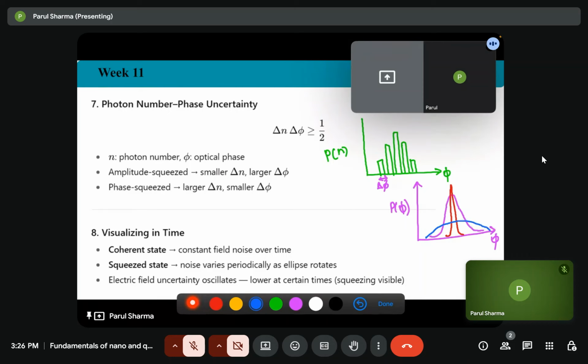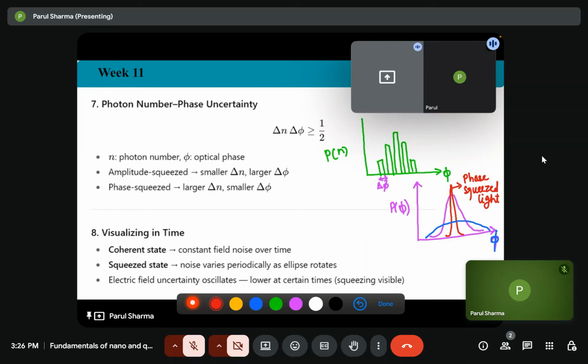So if there is an increment in n, it means there is a decrement in phase. So the red color plot represents phase squeeze.